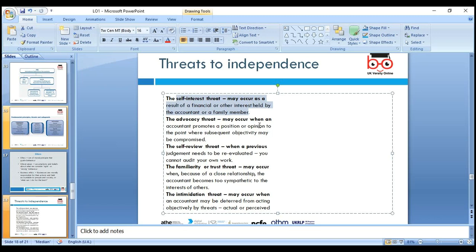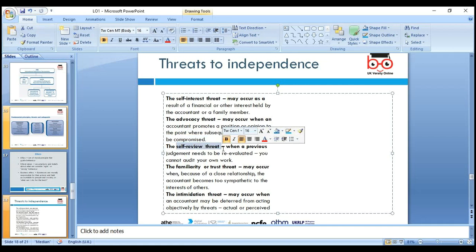Advocacy threats may occur when an accountant promotes a position or opinion. It is my own opinion and position, and I can say you do this and that, without basing it on any factual information, for the sake of my own benefit, which can be financial. So objectivity can be compromised again. I'm not objective.